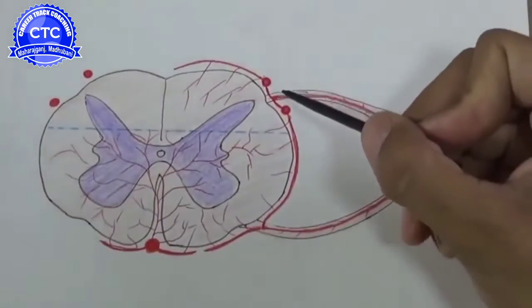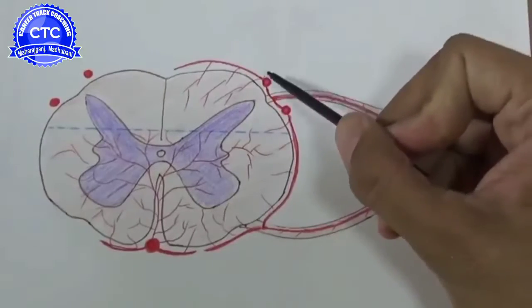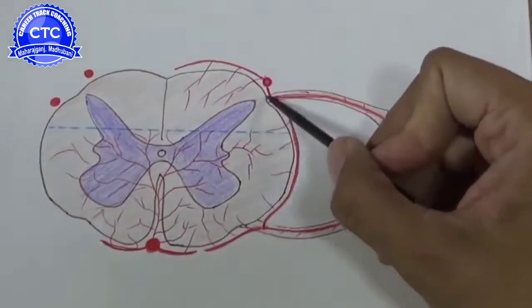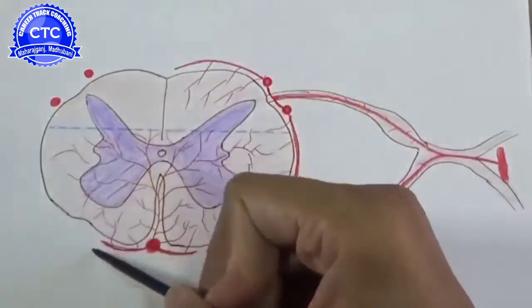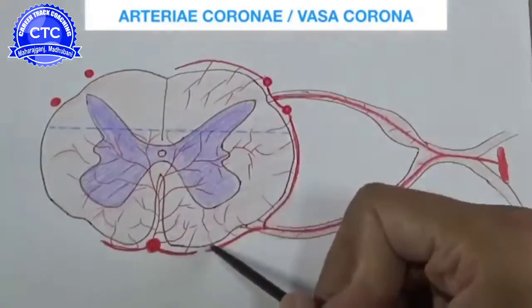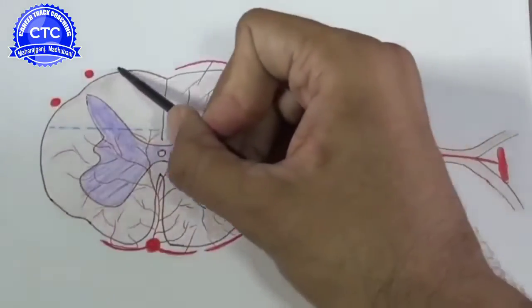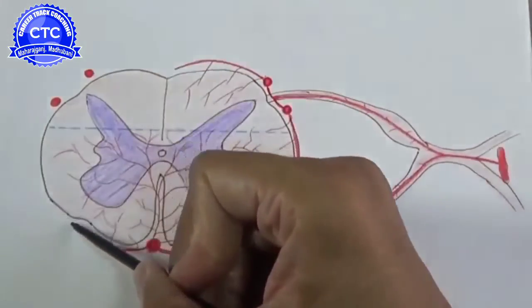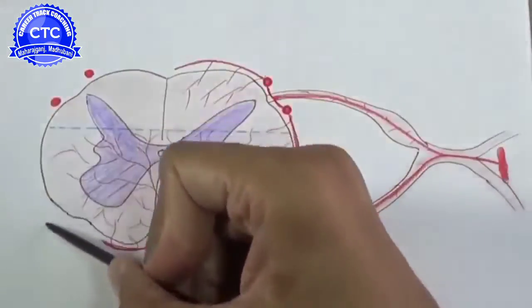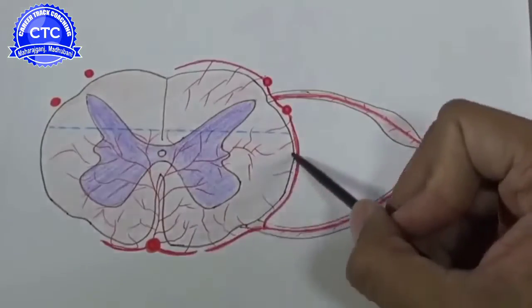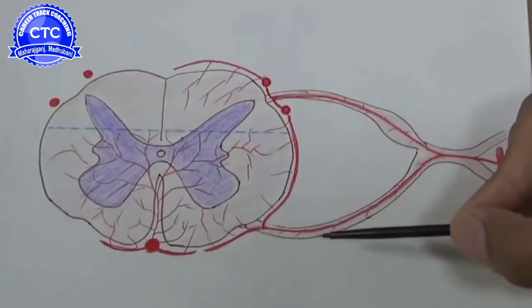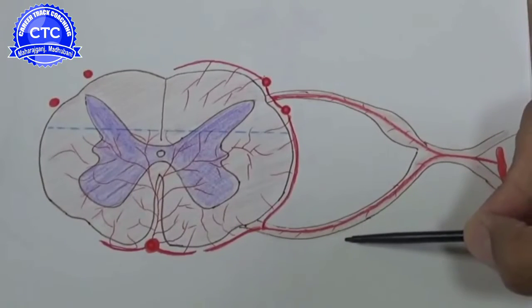Now the collateral branches of the posterior spinal and anterior spinal arteries form a continuous pial plexus, or we can say arteria corona or vasa corona. So a continuous circular arterial plexus is formed throughout the length. That is termed vasa corona or arteria corona. So this is how the spinal cord receives its arterial supply.